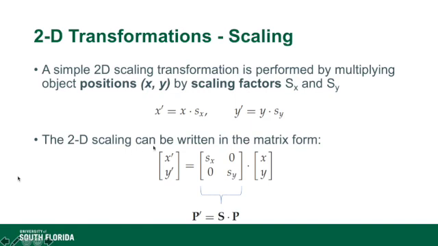The 2D scaling transformation can be written in matrix form: x prime, y prime equals the transformation matrix for scaling times the column vector for P. So we will end up with P prime equals S times P.